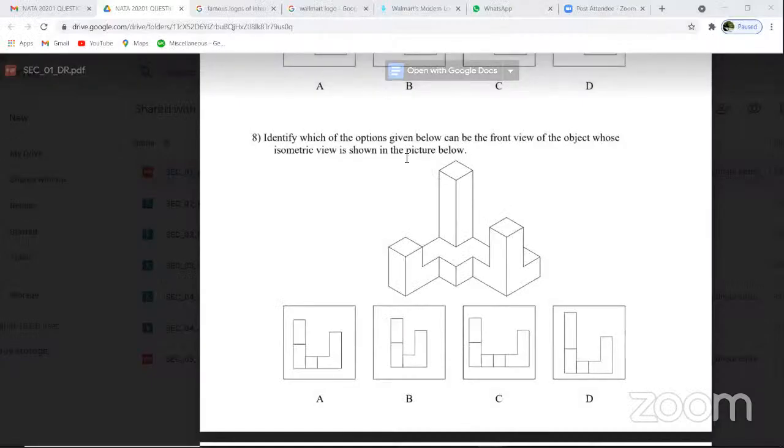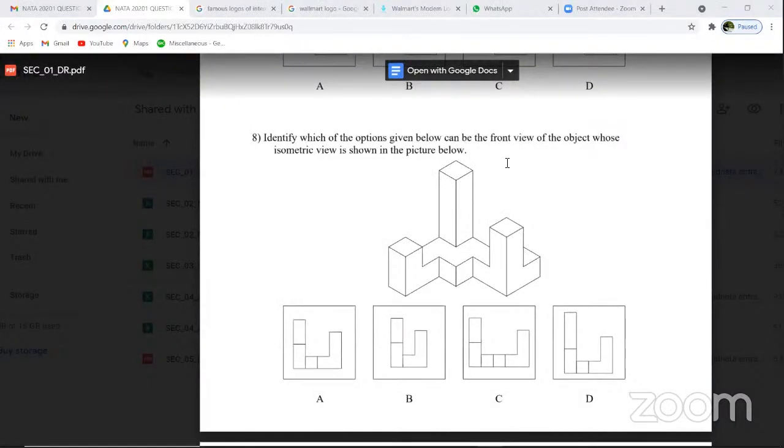Yes, ma'am. Try this thing. Again, the front view has been asked.